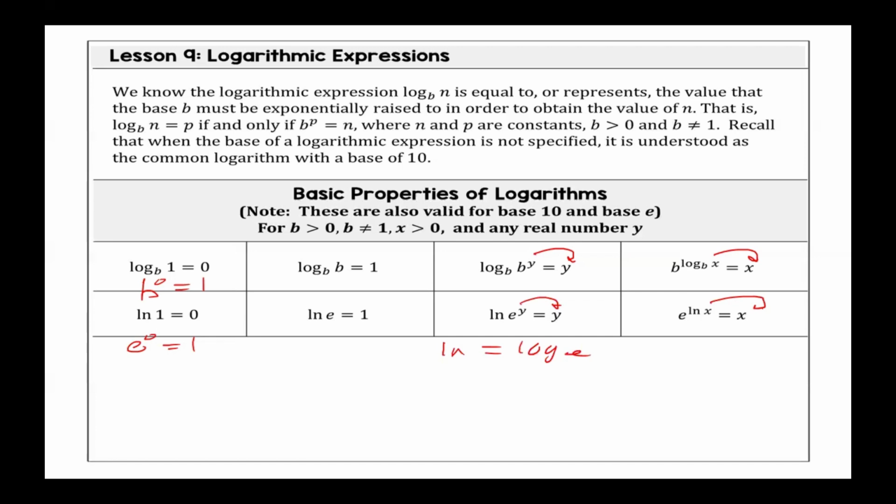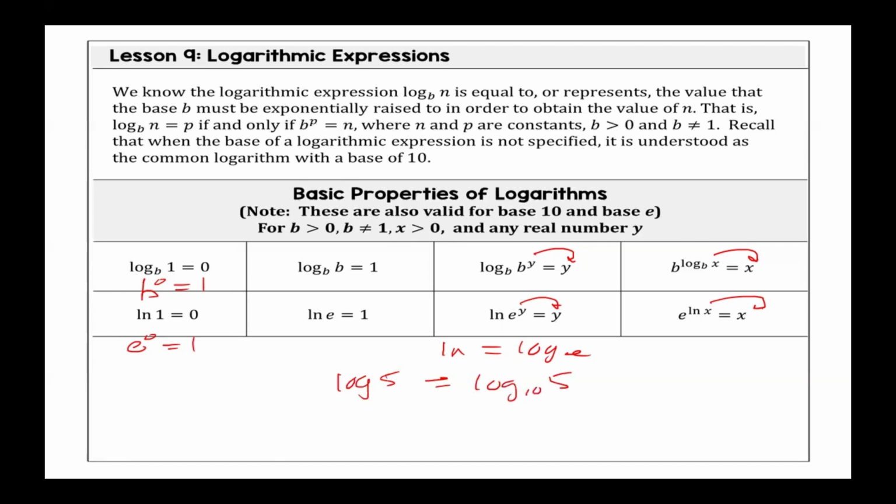And when you're doing this, remember, if there is no base, does anyone remember what that means b is? If there's no visible base, what is your b? Nobody? 10. Okay. If you see log of 5, that means that your base is 10.